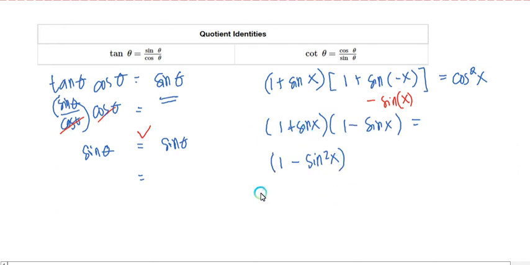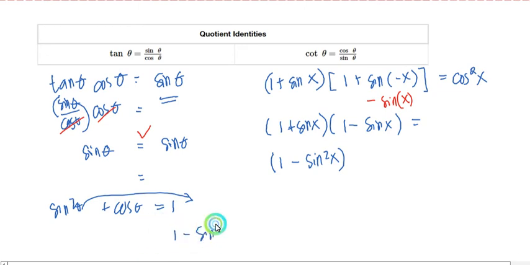So based on the equation, take note, we are given cos, okay. So we have sine squared theta plus cosine squared theta is equal to 1. This is what we are basing on, right? And we have 1 minus sine squared. So this is minus sine squared theta, 1 minus sine squared theta.